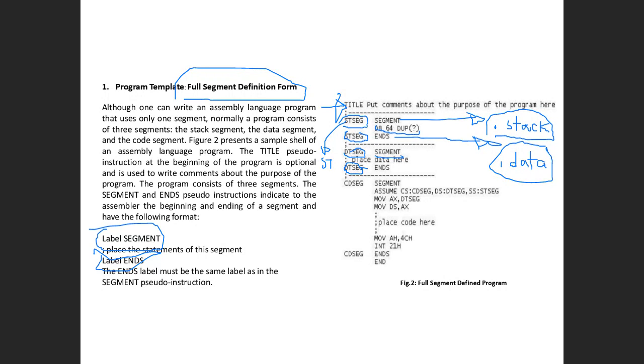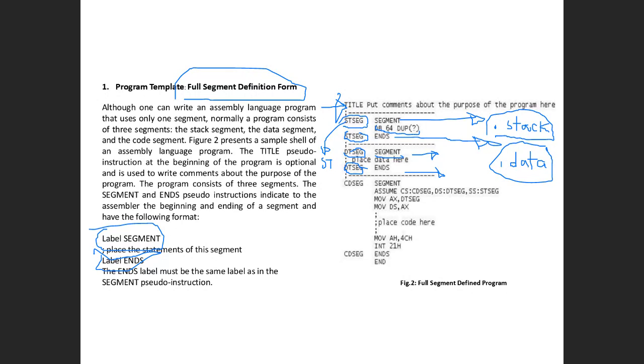So this is the beginning of the data segment, this is the end of the data segment, and in the middle we have the data. The name is up to you.